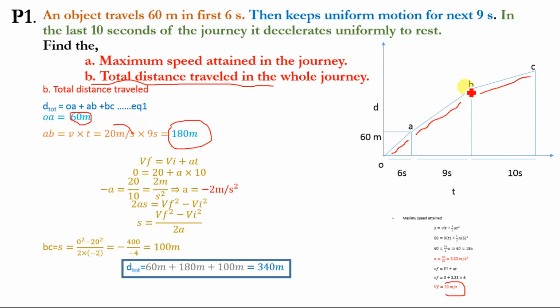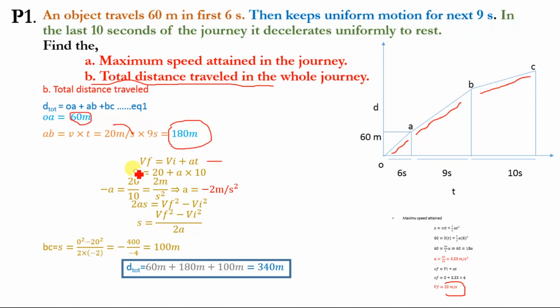Now we need to determine the distance traveled during the journey from B to C. To do this, we will again need the acceleration value because this is the decelerating phase. In this phase, the object decelerates from the constant velocity of 20 meter per second to 0. We use the first equation of motion, which is Vf is equal to Vi plus At.